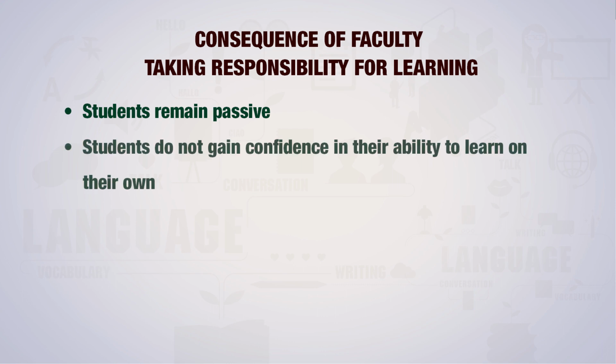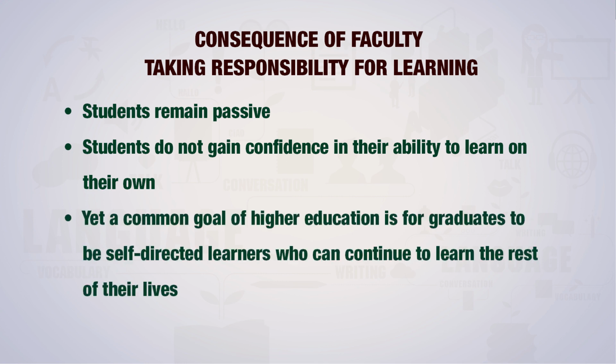The students will never gain the confidence in their ability to learn on their own. It is a common goal of higher education, and it is very important for graduates to be self-directed learners. And this is how they can continue with lifelong learning.